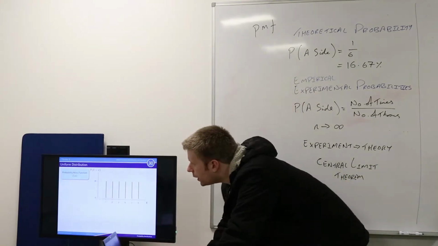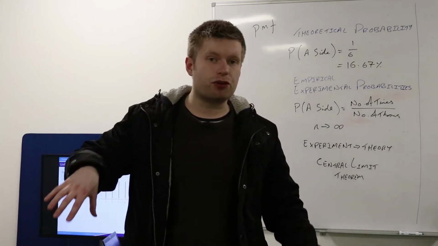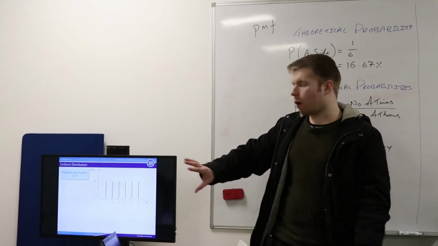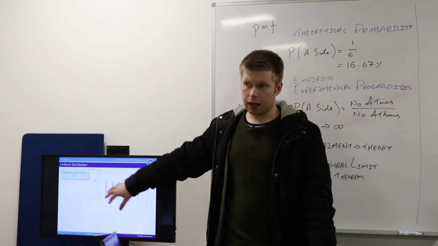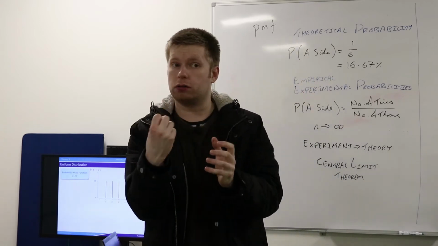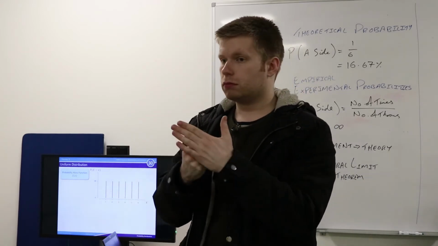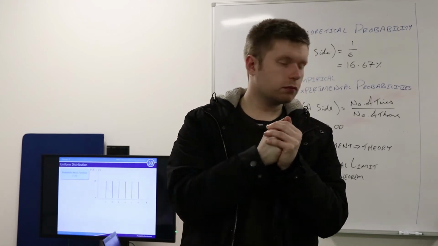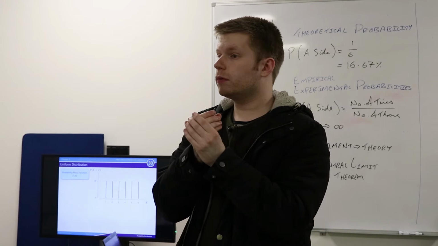Yeah? Okay, so this is effectively the graph which we got in Excel. Okay? This is effectively our probability mass function here. Okay? Now, could you describe this probability mass function to me in words? What do you see? Go on.